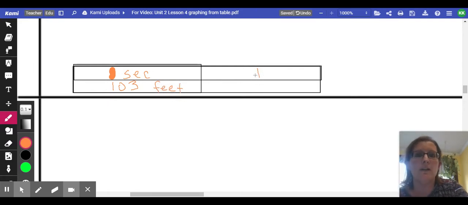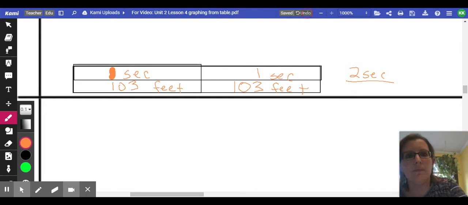So if we go another second, if the cheetah continues to run, it will go 103 feet. So that means in 2 seconds, our cheetah will have run a total of 206 feet.